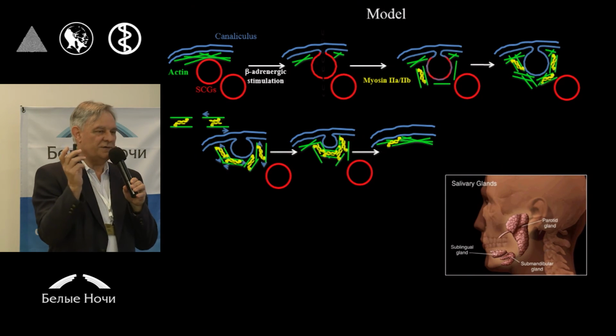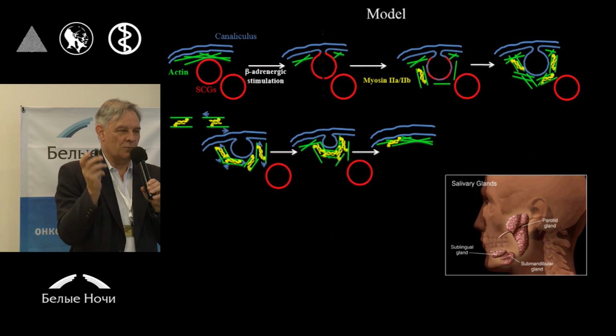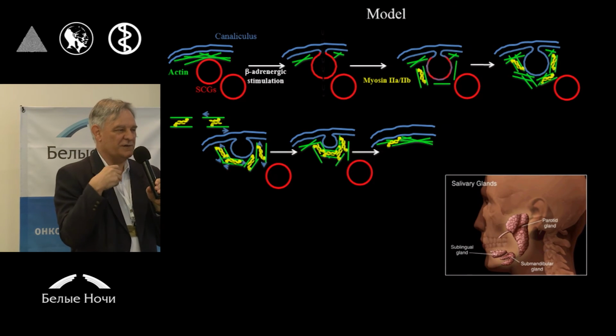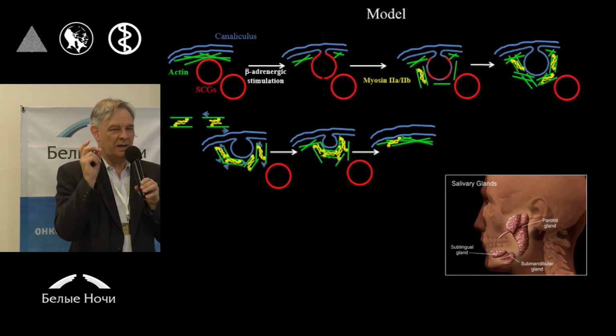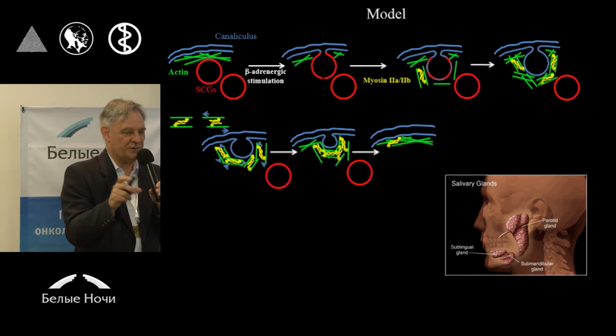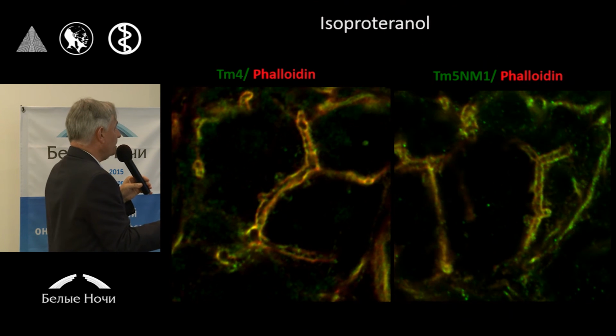This is a 90-second process. So what it means is you can take a mammal and you can expose the salivary gland. In the process of 2 minutes, you can watch the assembly and disassembly of actin filaments in a very controlled manner. And for understanding drug action, this is perfect.